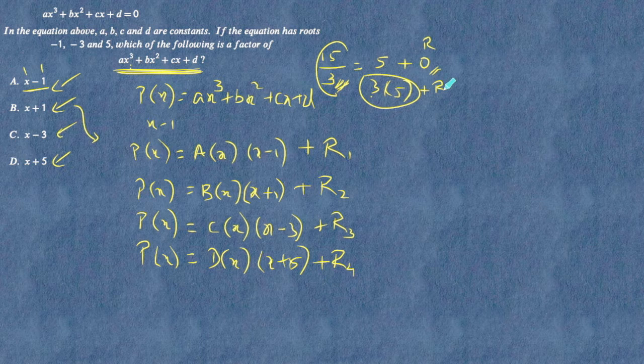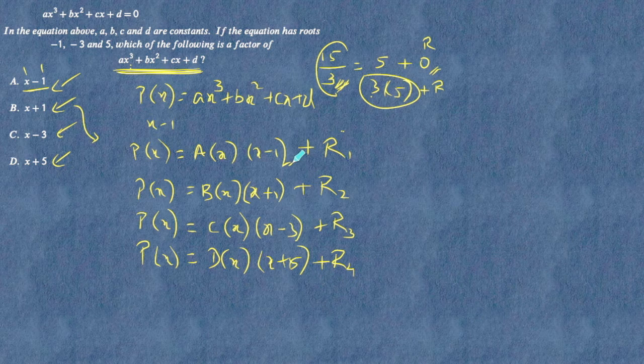Now what they're asking is which one of these is a factor. For x minus 1, x plus 1, x minus 3 or x plus 5 to be a factor, we want the remainder to be 0. When the remainder is 0, that means it is a factor. So what is the value of r1? You take the product to the left hand side and you'll have a negative value.